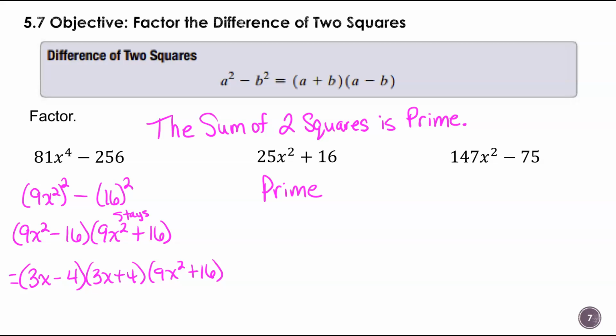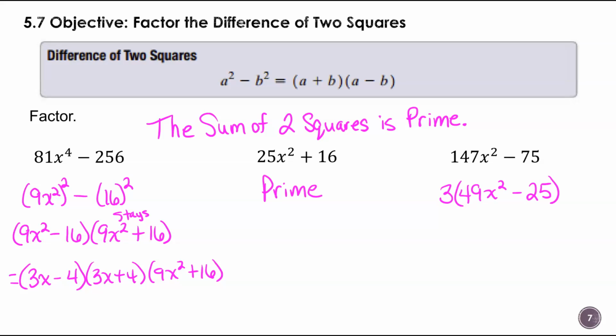Okay, 147 and 75, those are not perfect squares, but we do have a common factor here, and that common factor is 3. So if I take a 3 out, I get 49x squared minus 25.